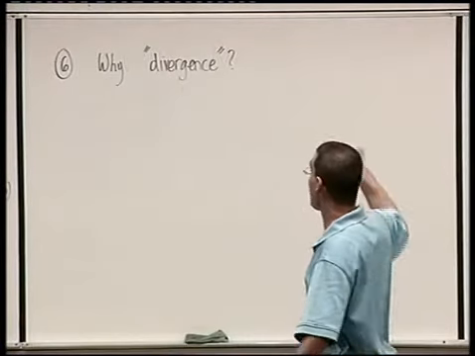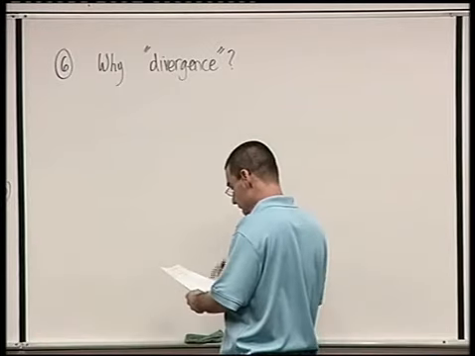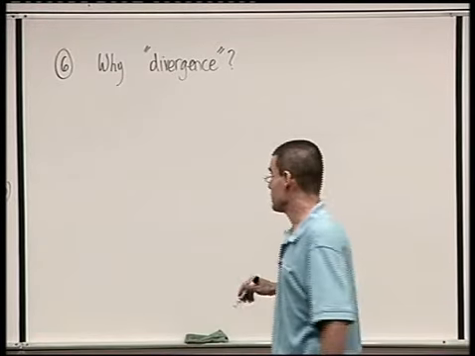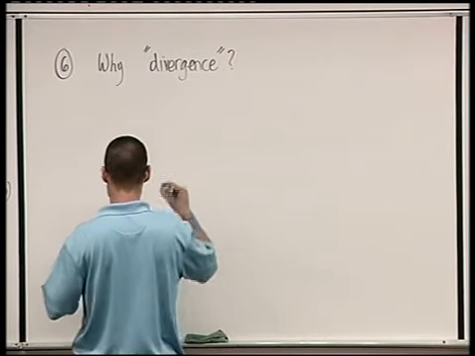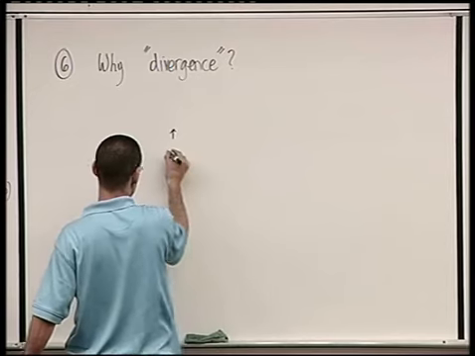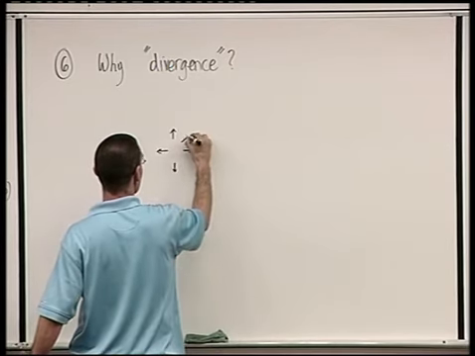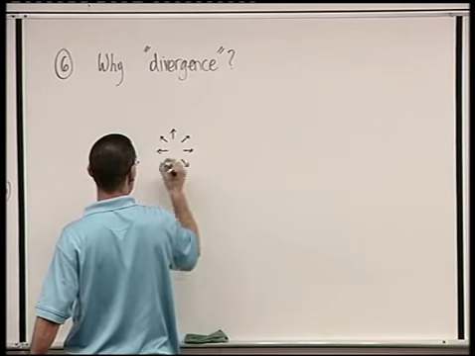Why divergence? The answer goes back to the meaning of the divergence, which we discussed previously. Suppose we have a field that looks something like this. I'm drawing the little arrows that represent the value of the field at every point.